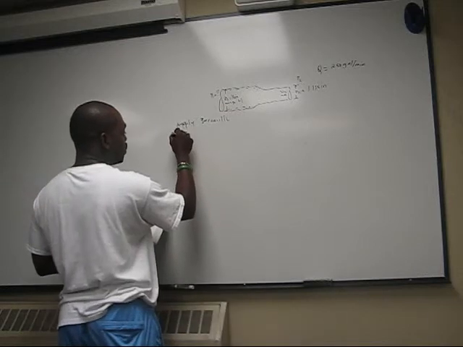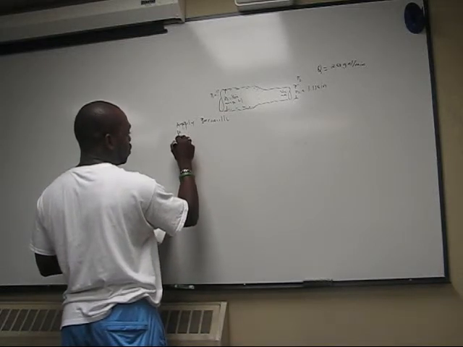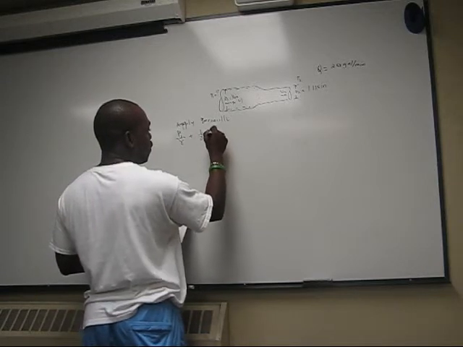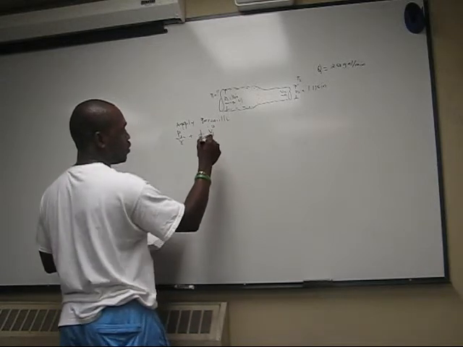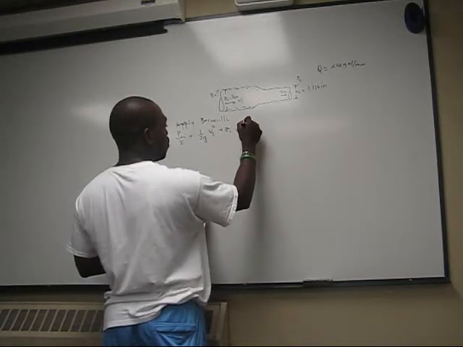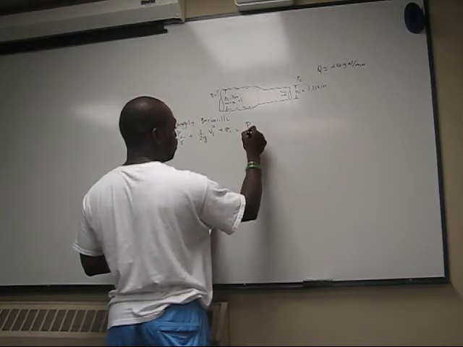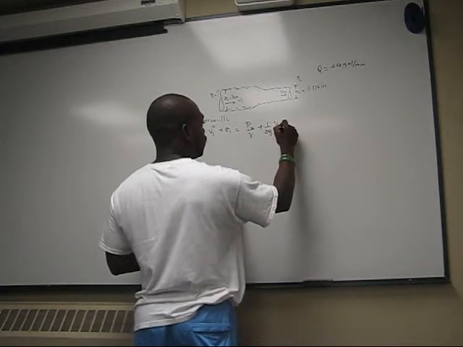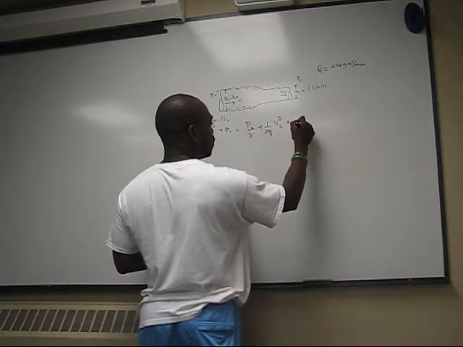So we know the Bernoulli equation is P1 plus V1 squared plus Z1 elevation should be equal to P2 plus V2 squared plus Z2.